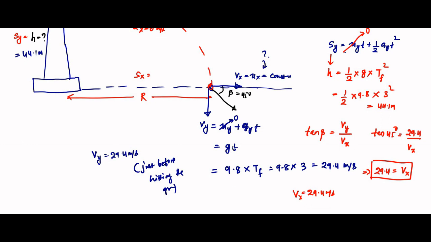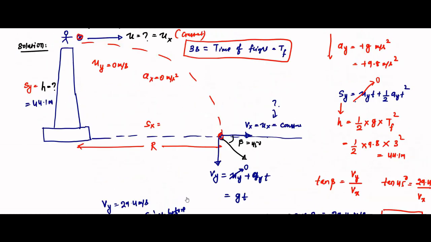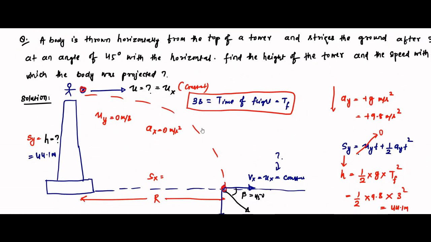Now we know that the horizontal component always remains constant. In the beginning also I specified it, it is always constant, because Ax is equal to 0. So it never increases or decreases.